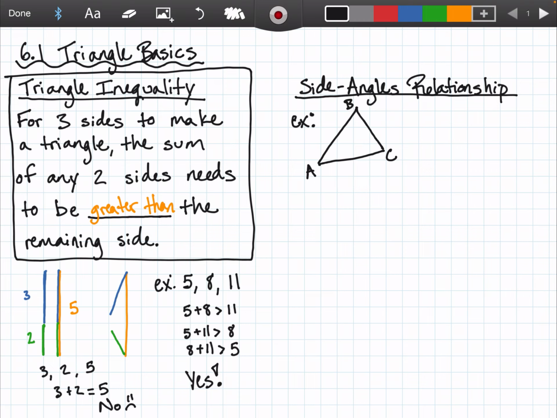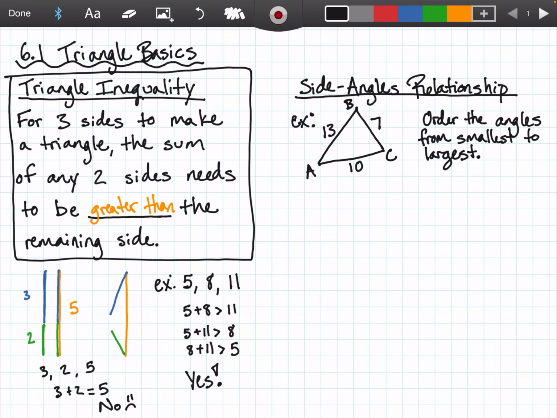I know AB is going to be 13, AC is going to be 10, and BC is going to be 7. And I want you to order the angles smallest to largest. Well, I don't know anything about the angles, I just see the side lengths.